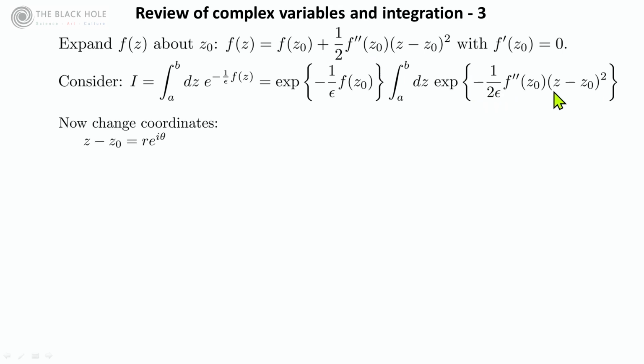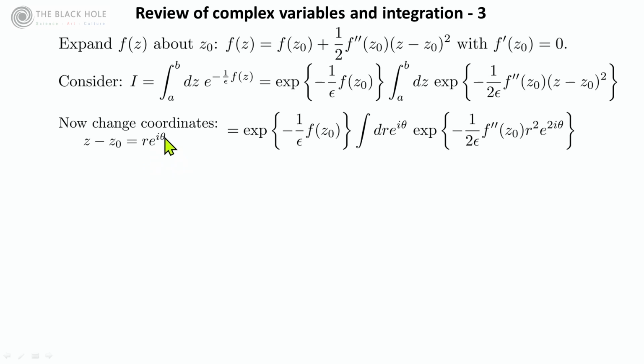Okay, now here I'm going to change my coordinates. I am in the complex plane, so my integral was along the x-axis, purely real, but now I'm going into the complex plane and I'm going to change coordinates. Z minus Z naught is equal to the real part r, times e to the i theta. Okay, I'll stick that in. Well, dz is equal to dr, e to the i theta.